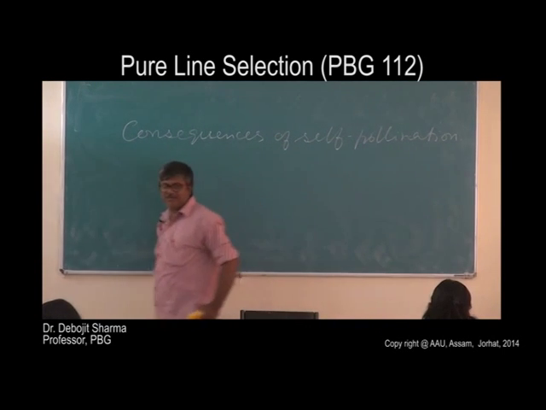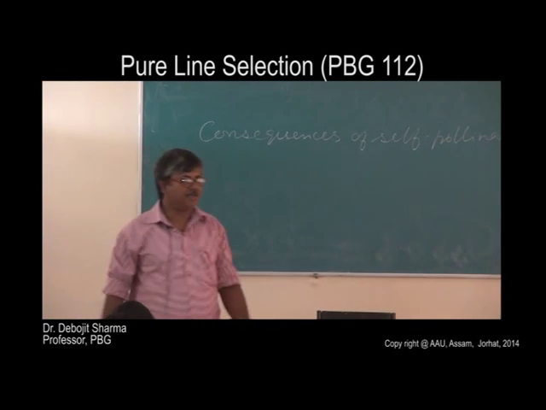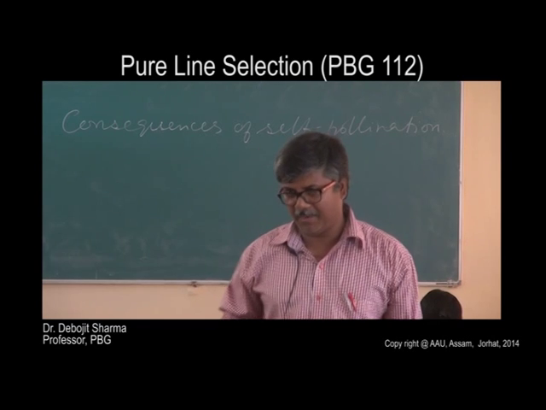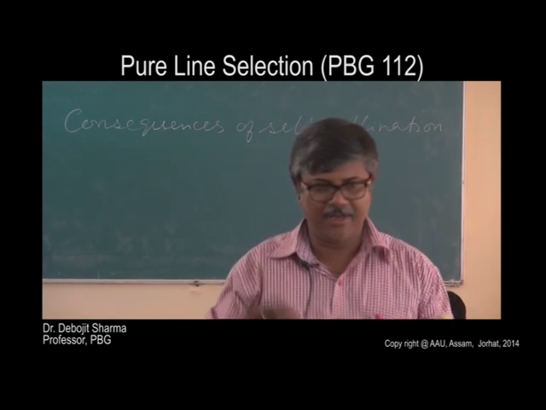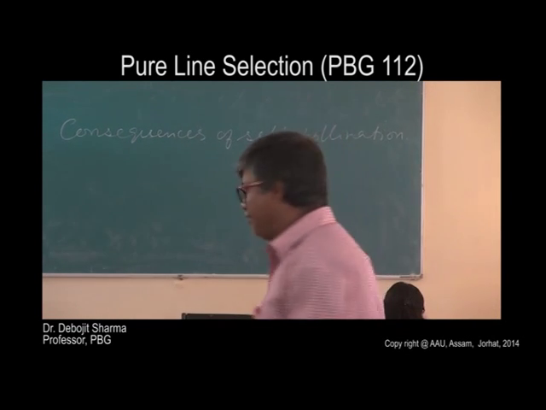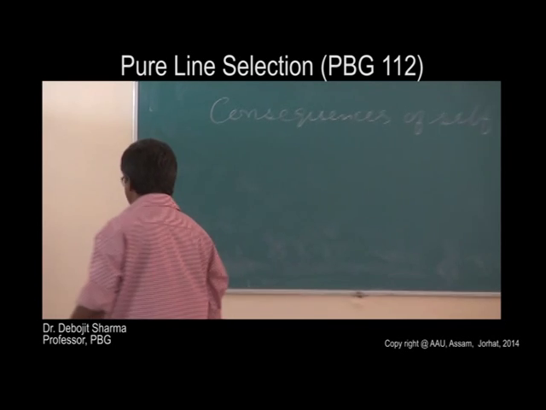Consequences of self-pollination. Actually, we have discussed this already, when we discussed the genetic consequences of hybridization. When you self, then what happens? Self-pollination has two effects on the population.